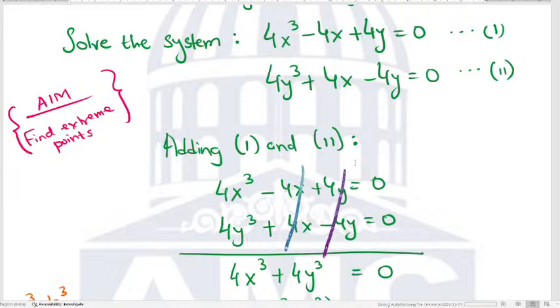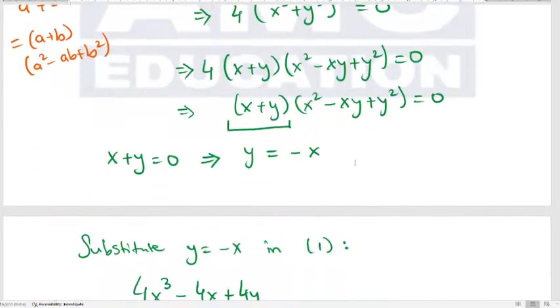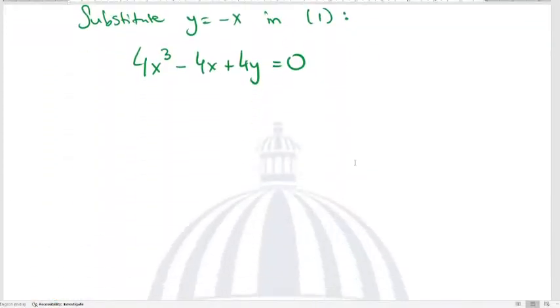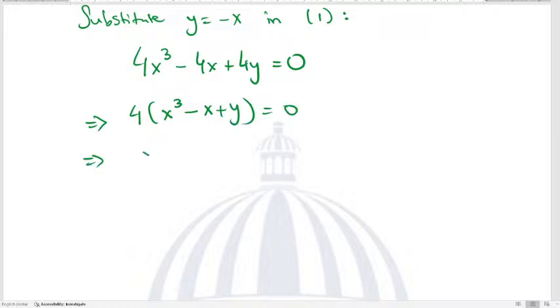We are planning to substitute y is equal to negative x in this equation. Okay, let's do that. Actually, we can cancel 4 from the entire equation. So that will give us a very nice looking equation, which is x cubed minus x plus y is equal to 0.